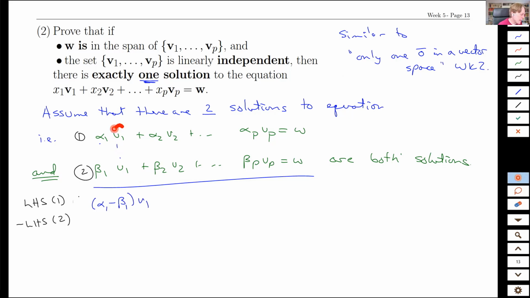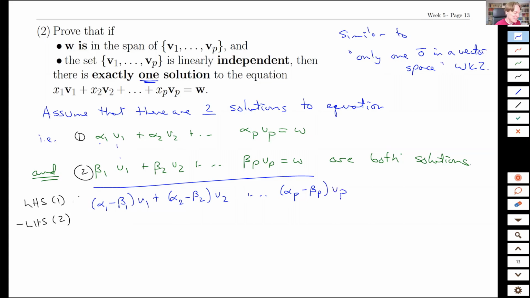If I just go down the stack, both of these are vectors and both of these are scalars. So I'm going to get this difference between the scalars here when I do my subtraction. And then I'm going to get, after that, (alpha 2 minus beta 2) times V2. And you can see where this is going, all the way out to (alpha P minus beta P) times VP.